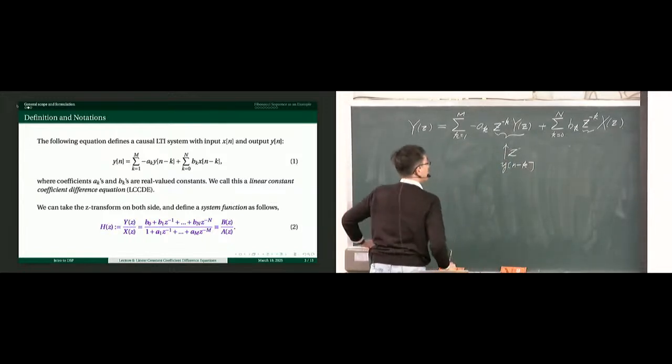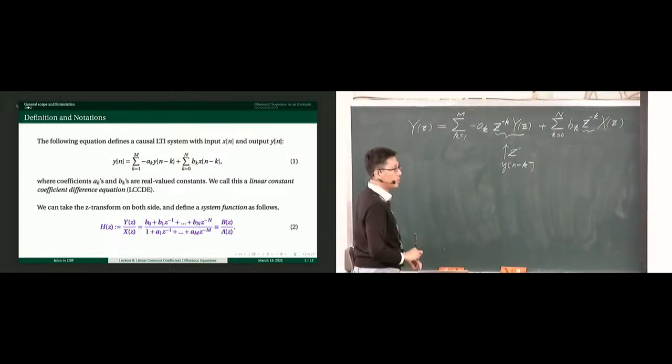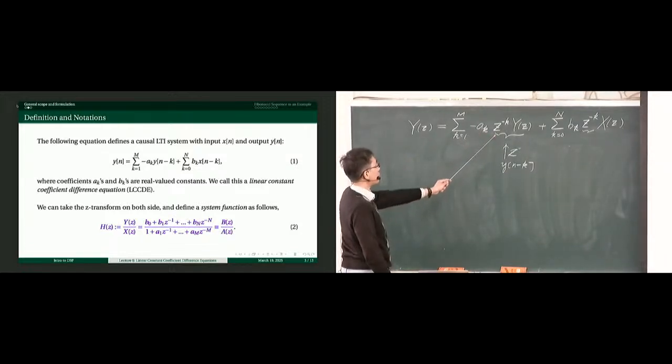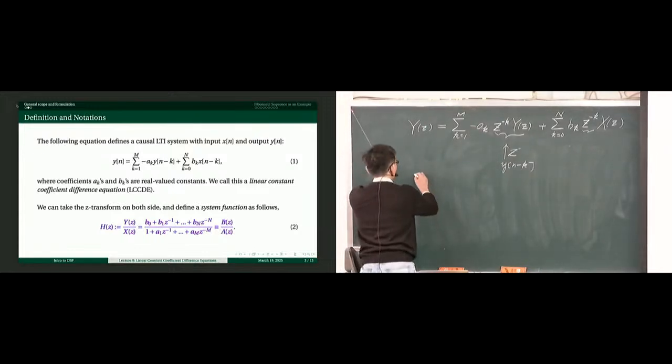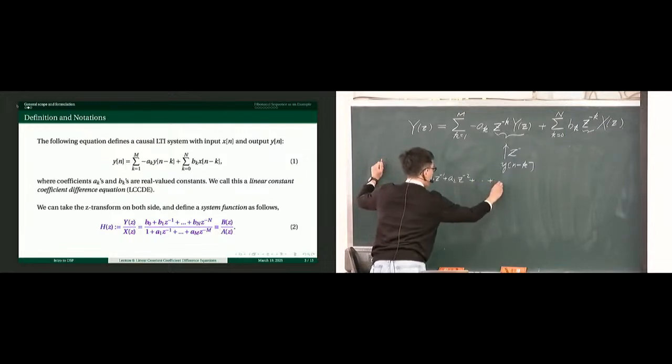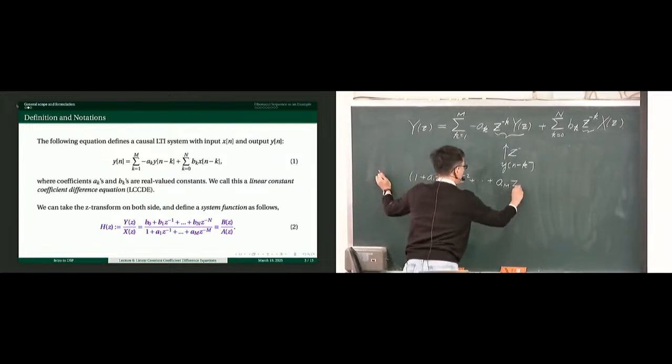So with that, what's next? We can move all the things corresponding to y to the left-hand side with a change of sign. Then on the left-hand side, we have 1 plus a_1 z inverse plus a_2 z to the minus second power, all the way to a_M z to the minus M, times Y(z).